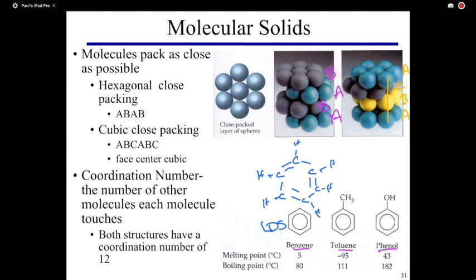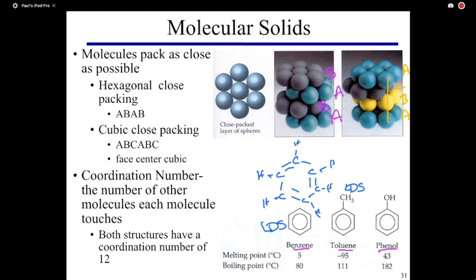Okay, what about toluene? Can we have an ion dipole? Can we have a dipole-dipole? No. Can we have a hydrogen bond? No. Can we have what? London dispersion force. Okay. Now, if I compare those two London dispersion forces, we can see by the melting point that toluene has a much lower interaction amongst itself.